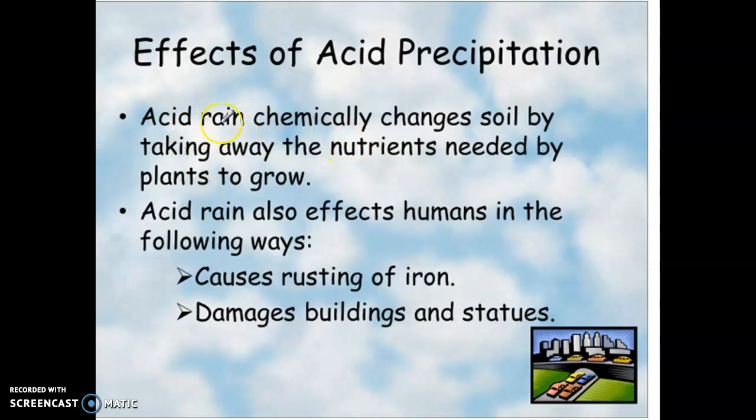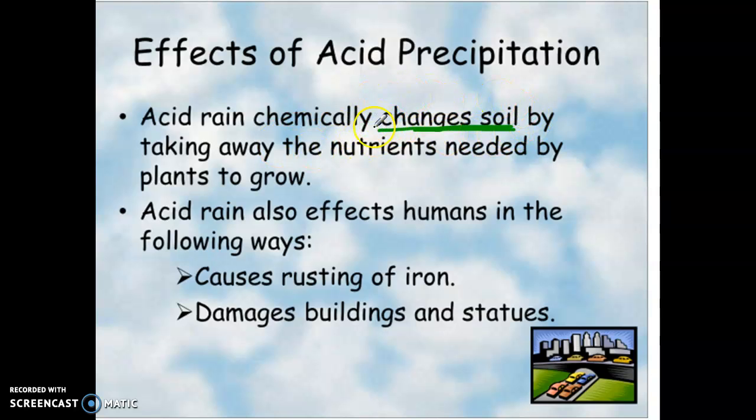So as mentioned, right, the acid rain will, of course, make their way into the waterways, but it also changes the pH of the soil. So what ends up happening is the soil actually becomes acidic as well. So how does that impact plant growth or the bacteria in the soil?